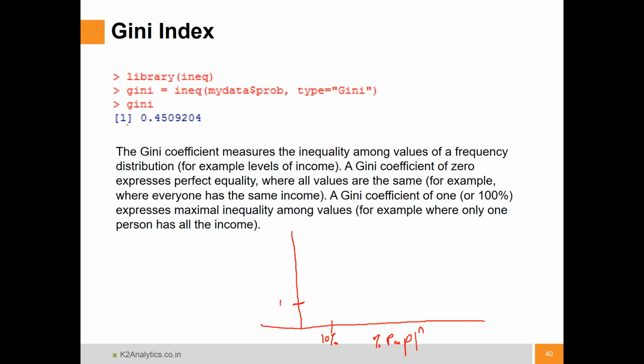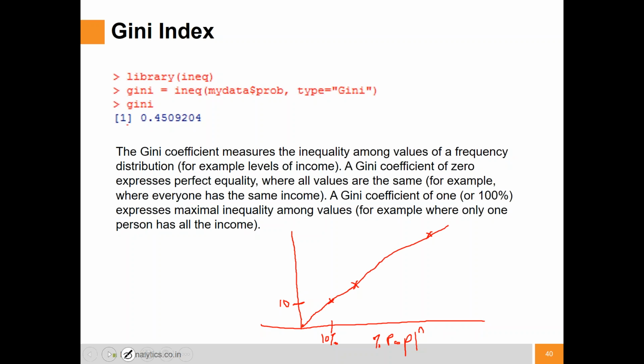So this is my theoretical point. If I take 20% of the population and equal distribution of wealth, 20 will be 20. Like this, I can go 100 and 100. So this becomes my theoretical line.